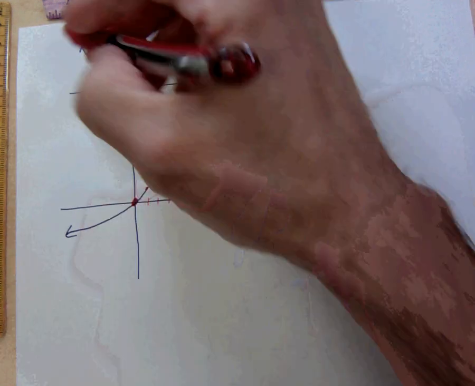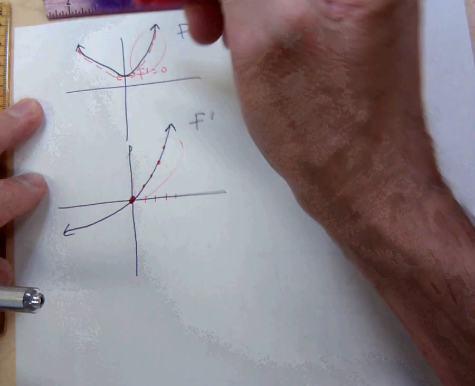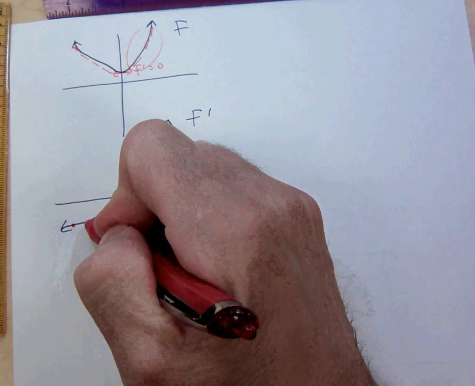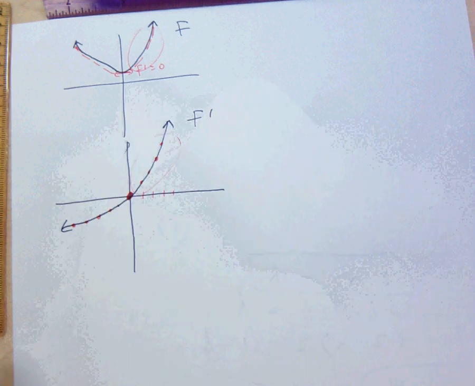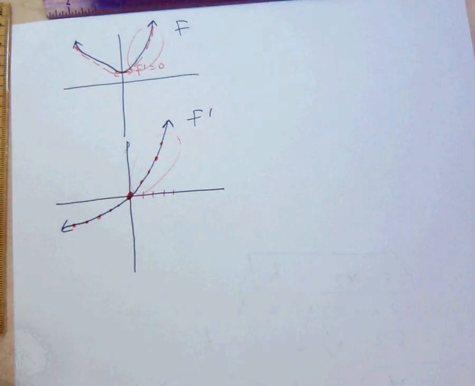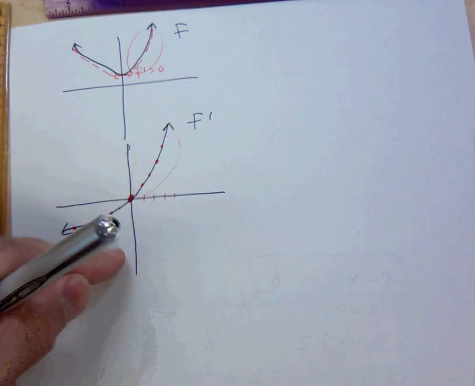What about over here? These slopes are negative, but they are starting to flatten out and go to 0? Sure enough, look at all these y values here. They're all negative, and they're approaching 0. You see it a little bit better now? How the y values here tell you the slopes from f?